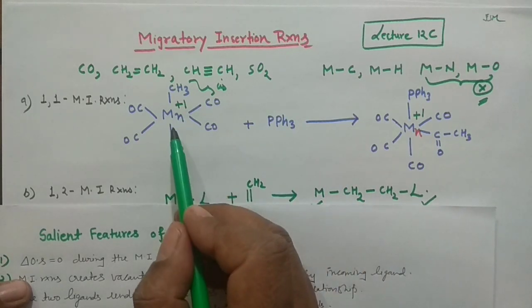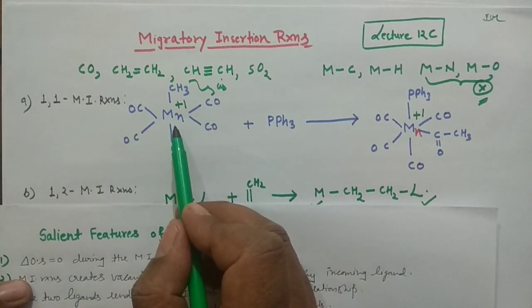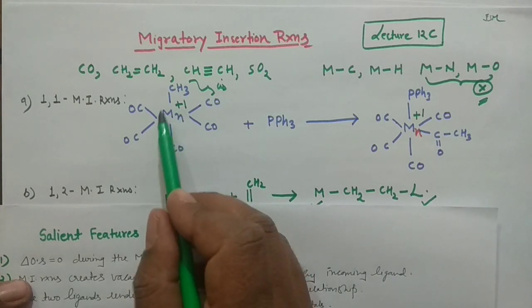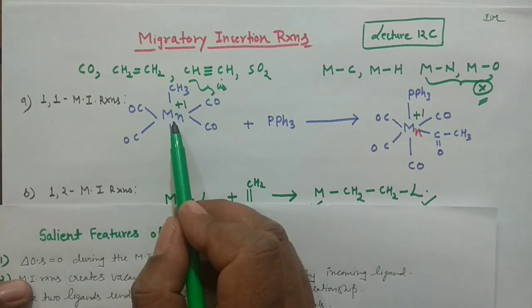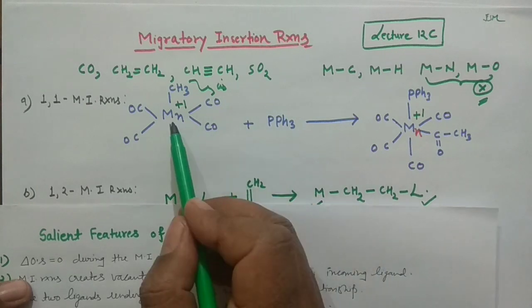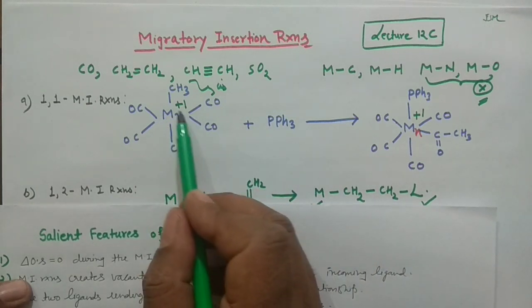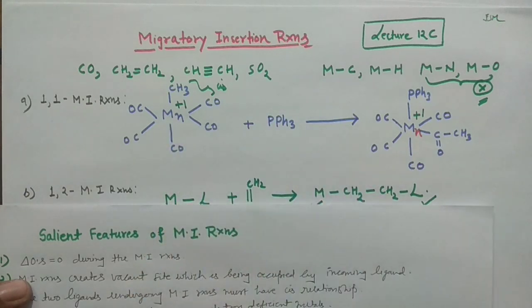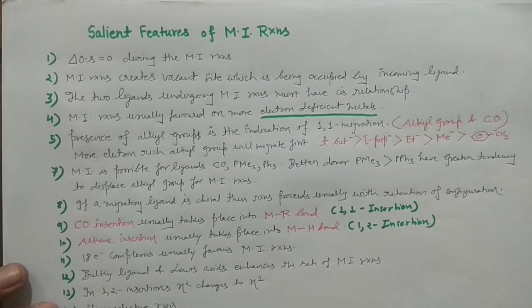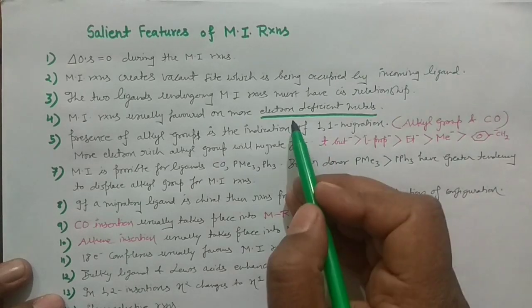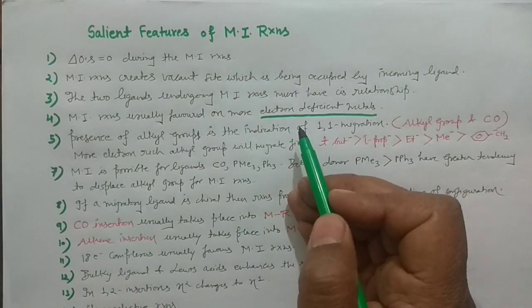The rate of the reaction would be faster for the electron deficient species. Why? Because the electron deficient species can accept the electron pair from the ligands, and to accept the electron pair from the ligand, they should have fewer electrons. So for migratory insertion reactions to occur, the metal should be electron deficient.